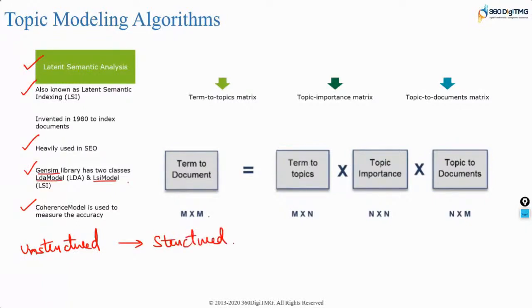While there are many ways, one way to convert the data to a structured format is to have a document term matrix. And this document term matrix will be very large.